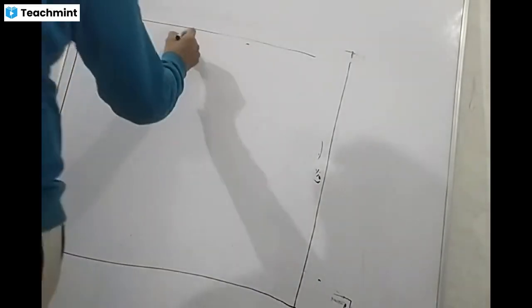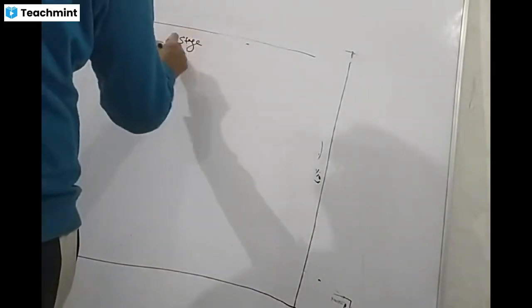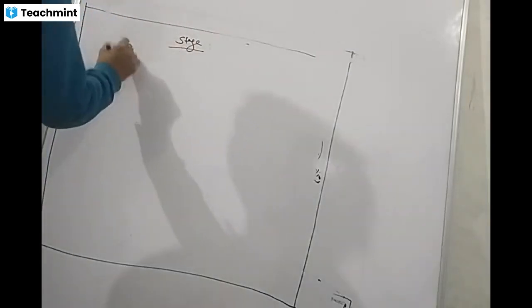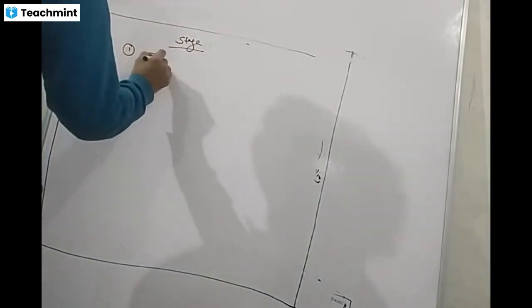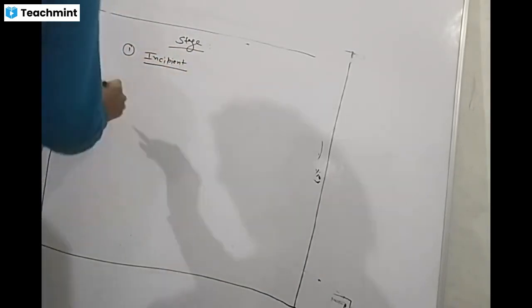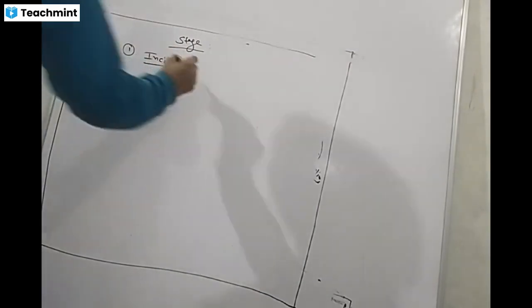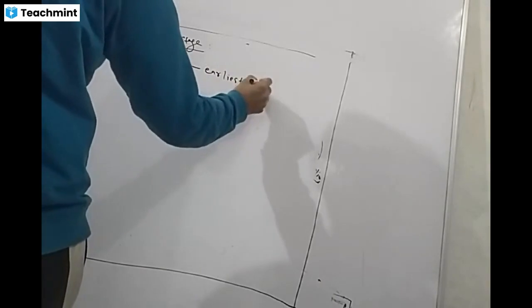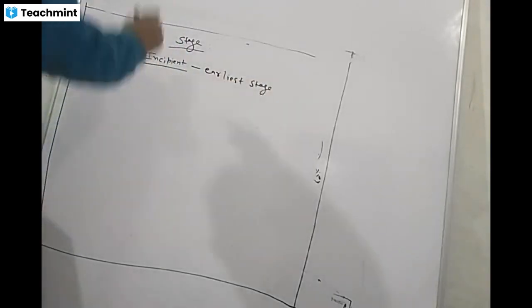Now we'll see there are multiple classification, but based on the stage, cataract is of four types. Incipient cataract. Incipient means it is the earliest stage of your cataract.